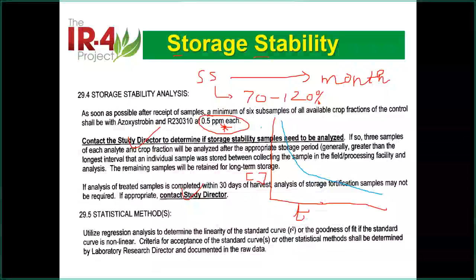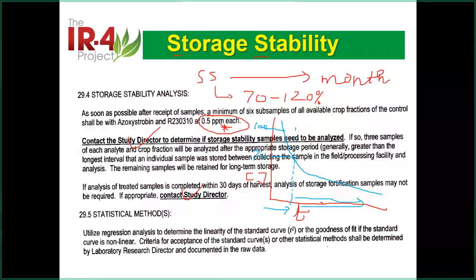So if we put a requirement there, for example, this is 100, and this is 70 up here. Now, this is your storage. If your storage is between here and here, you are good. If it is above that, it's not good. That means you need to change your study. Your study is wrong.